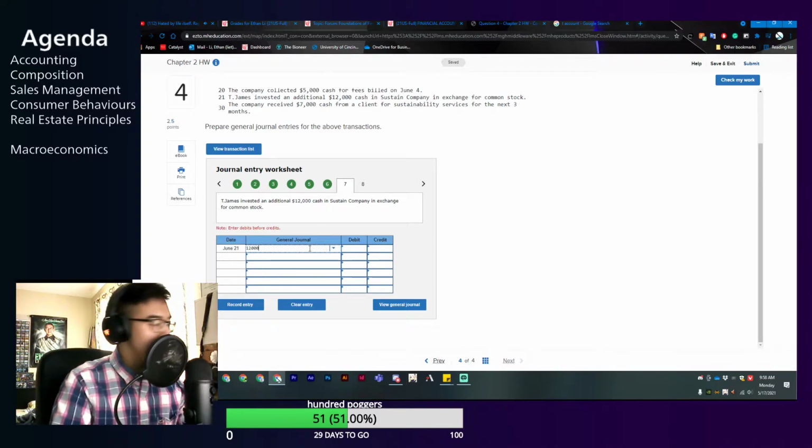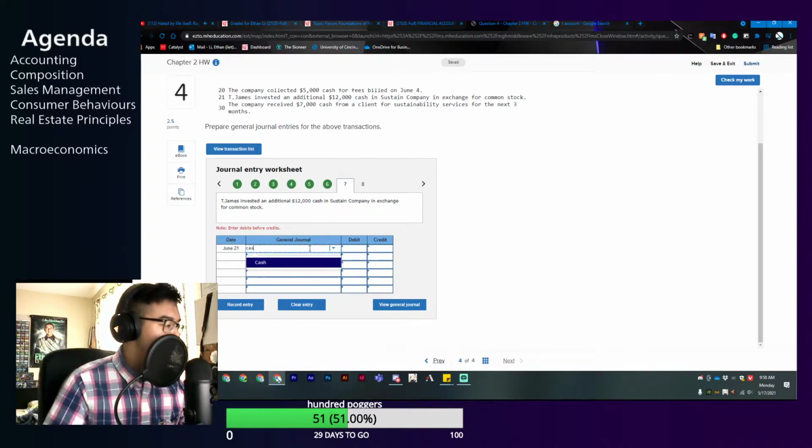Invest an additional 12K. Oops. And this is common stock. Let's see. Receive cash, 7,000.